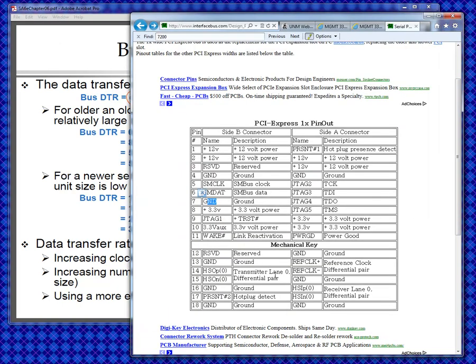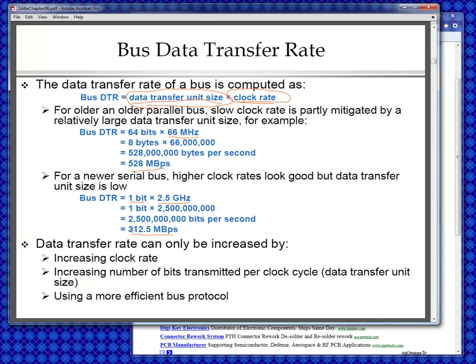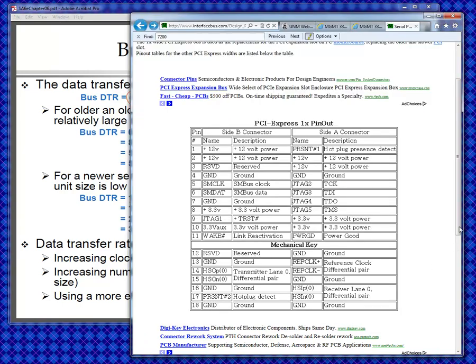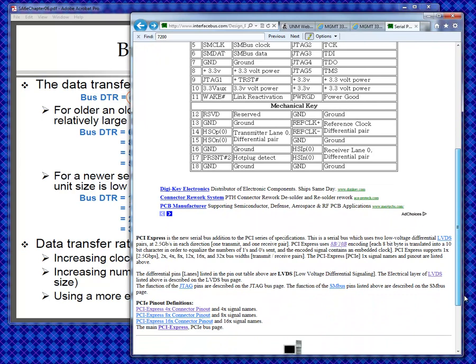Now note that's 312 megabytes across this one, and 312 megabytes across this one. So if you do need to transfer data in both directions at the same time, effectively you're doubling this 312.5. So that's 600, so we're already above the PCIX data transfer rate.